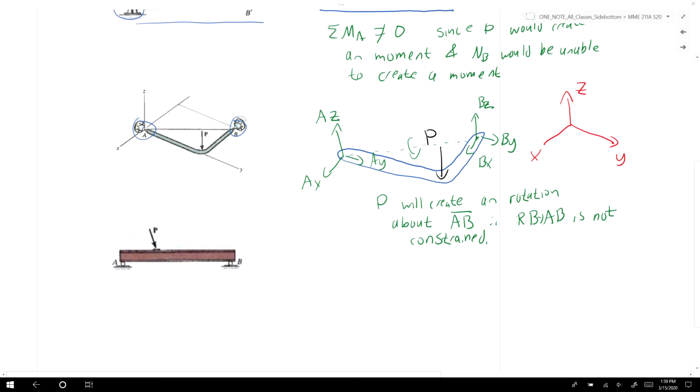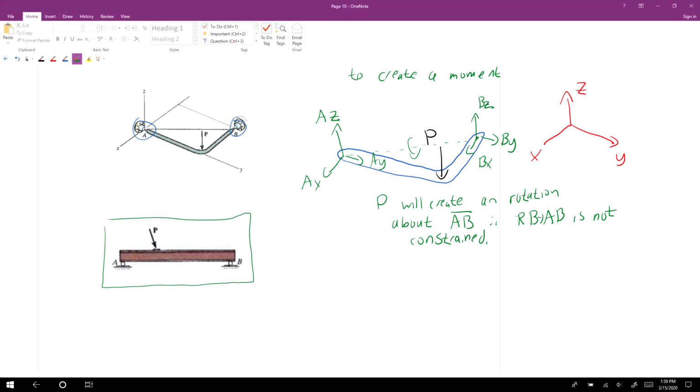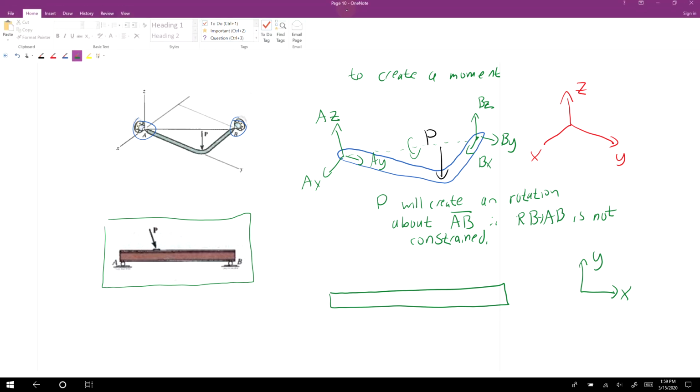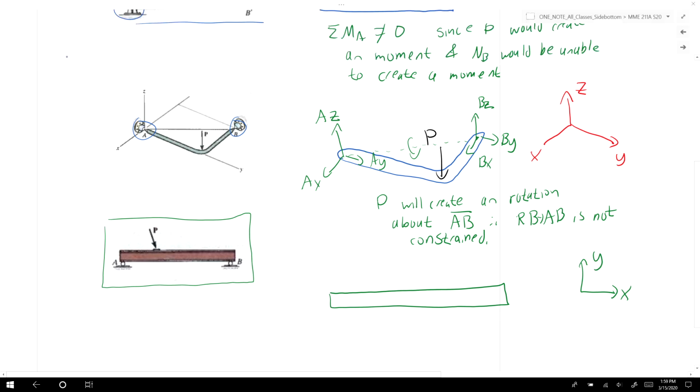All right. And then in this part here, we can draw out our rigid body again. This is a 2D example. Here we have a force P that's applied. It has an X and a Y component.